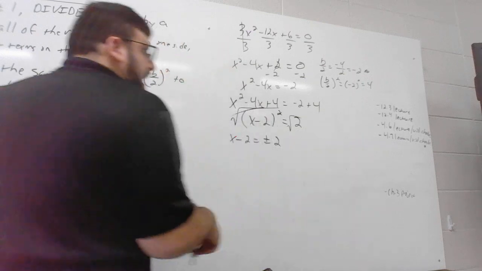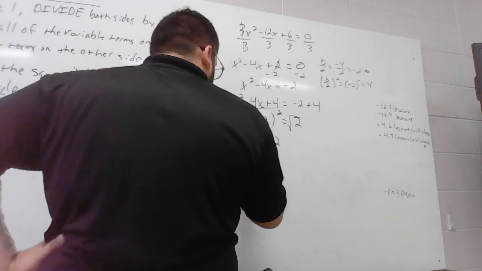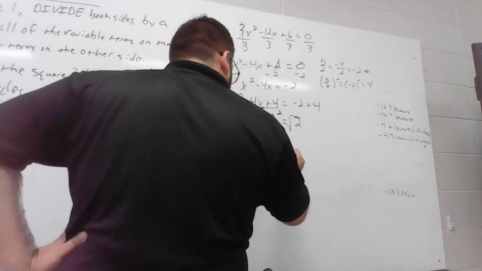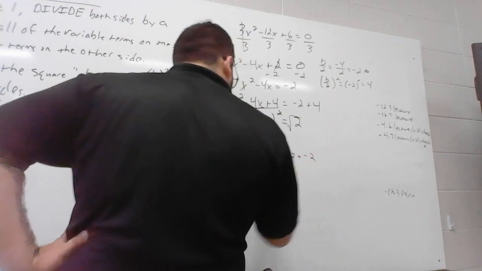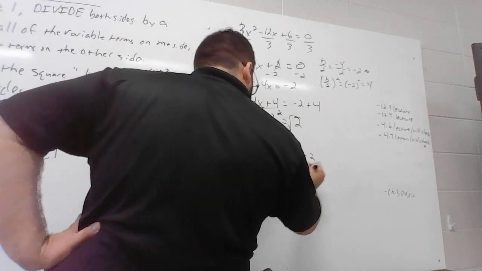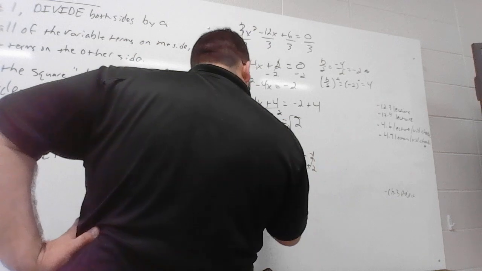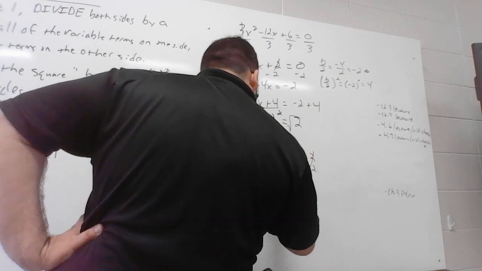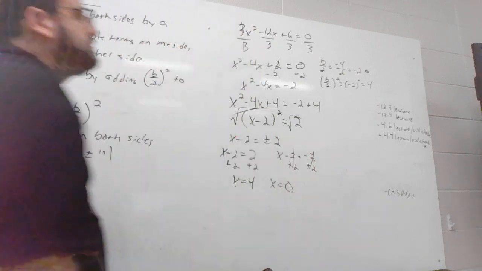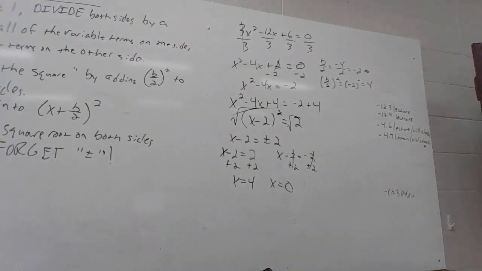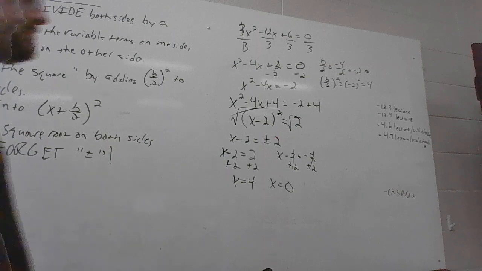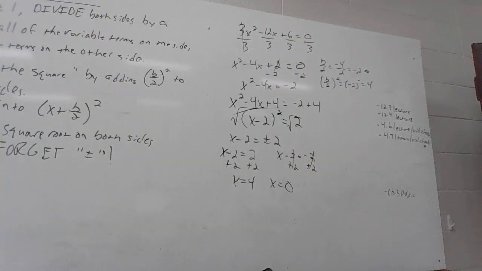So again, we have to split it up like before. x minus 2 equals positive 2, x minus 2 equals negative 2. So x is either going to be 4 or 0.